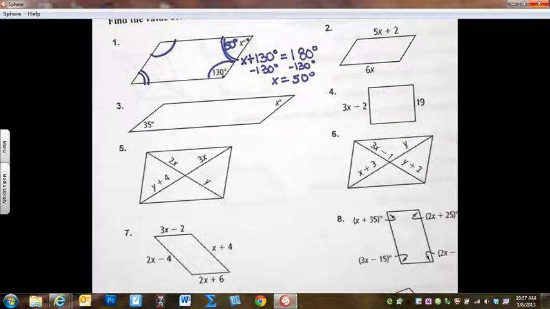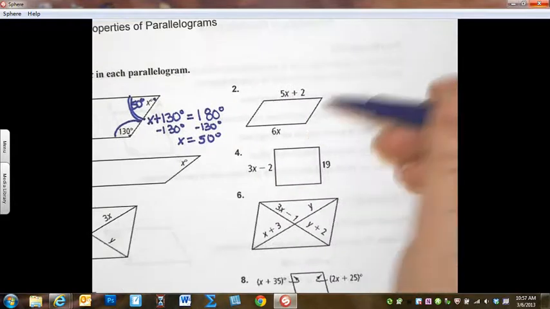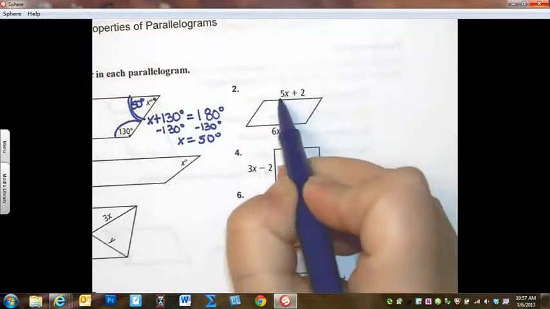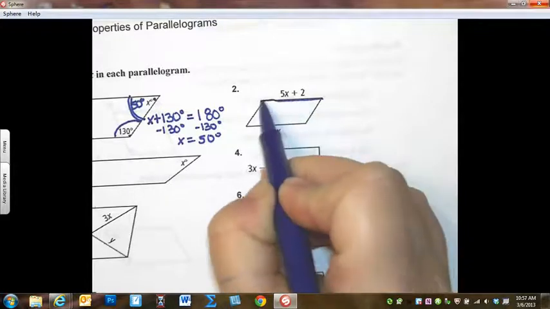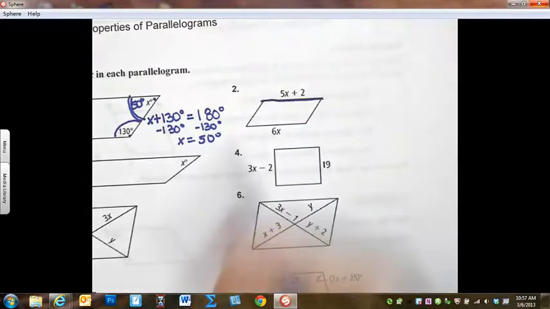I particularly want to look over here at number 2. In number 2, what are we talking about here? Notice that this 5x plus 2 is in the middle of this side. So that is referring to this side here. And we know that that is going to be congruent to this side. How do I know that?